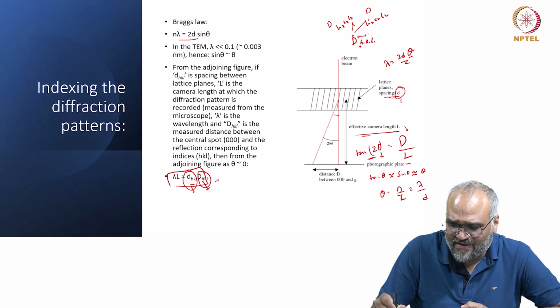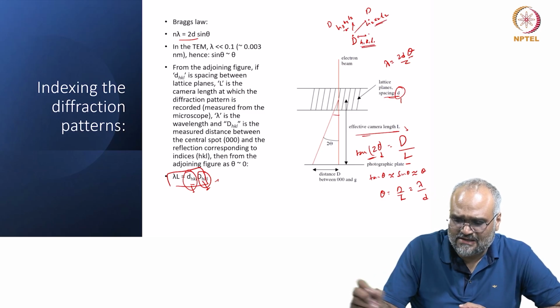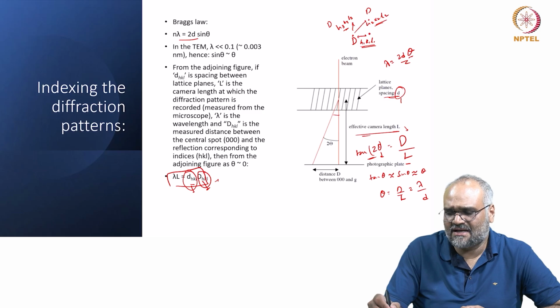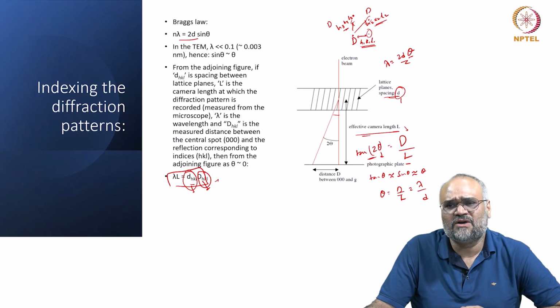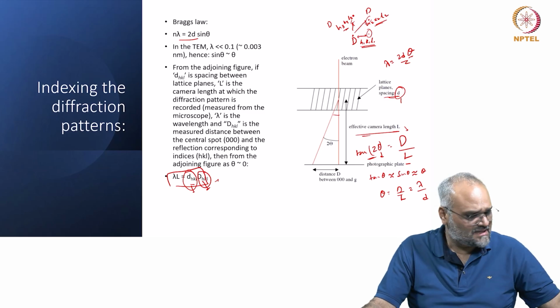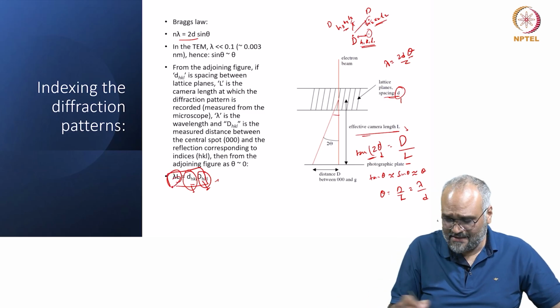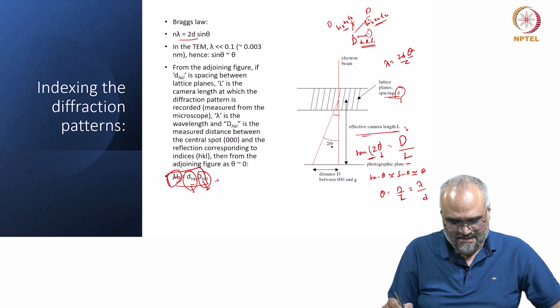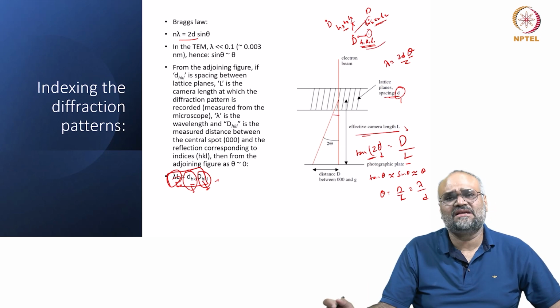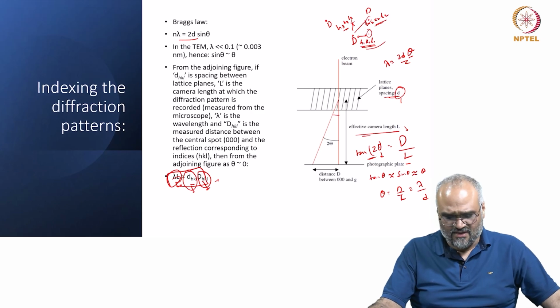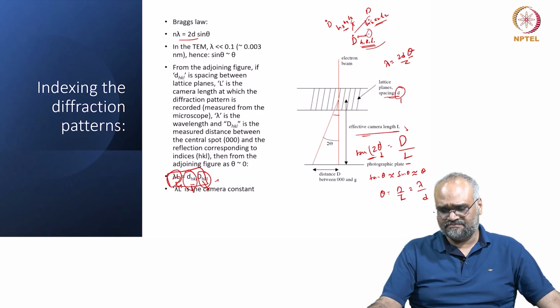If I identify what these HKL values are, I can accordingly index from which HKL value these spots start appearing, and that is what we will learn in the upcoming slides. This particular value lambda L, which is a constant for all these ratios that I am trying to determine, is called the camera constant.